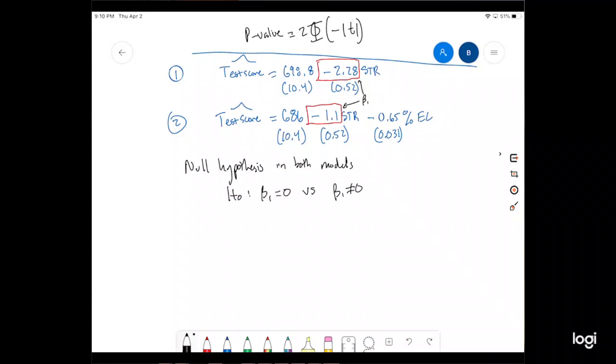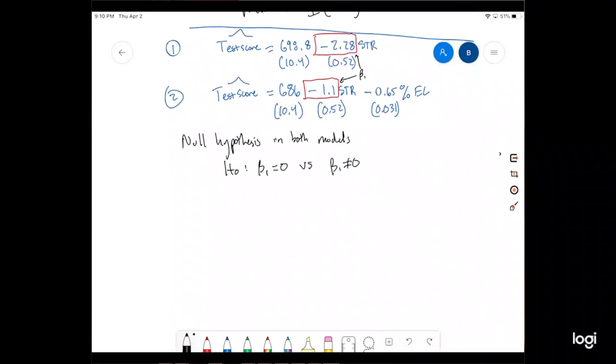Okay, so the t-stat and the confidence interval for the single regressor model are as follows.